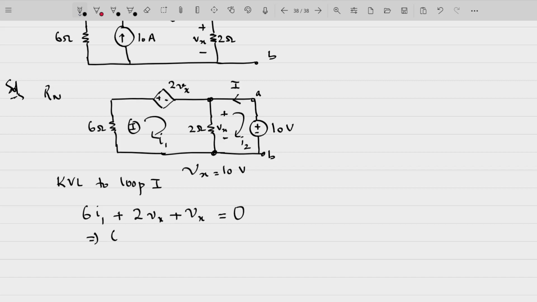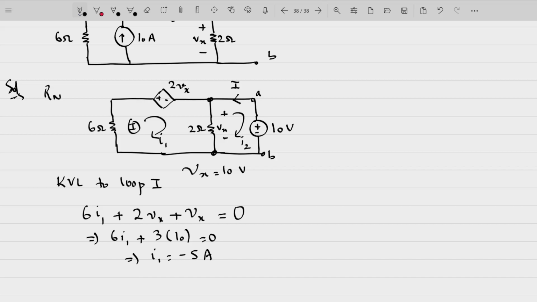So I can write 6I1 plus 3Vx, where Vx is 10, is equal to 0, which implies 6I1 is equal to minus 30, I1 is equal to minus 30 by 6, that is minus 5 amperes.